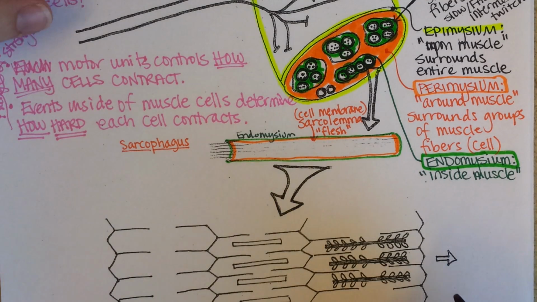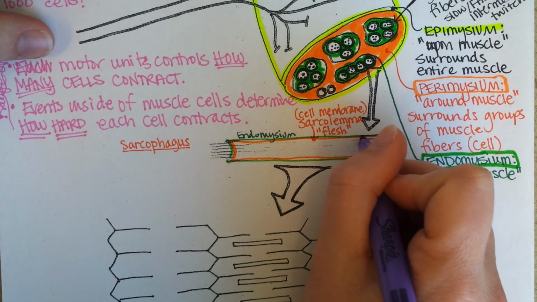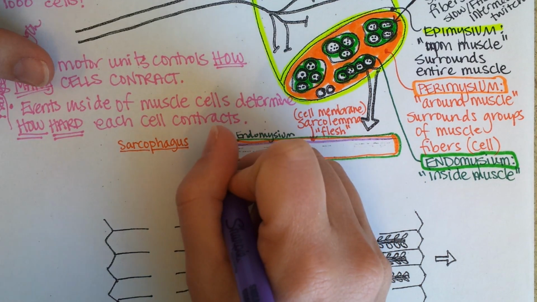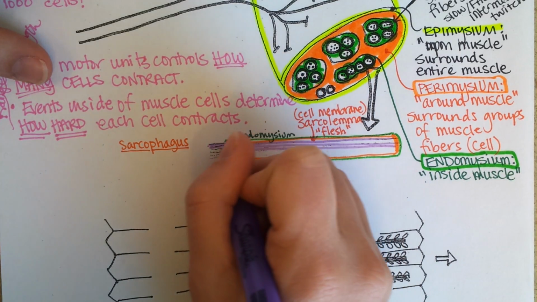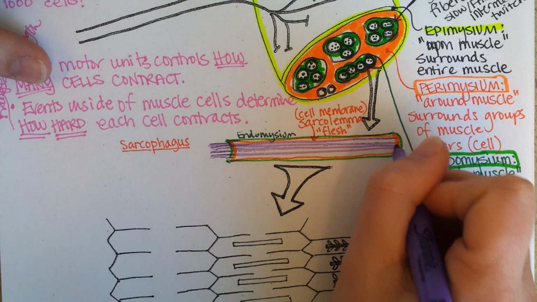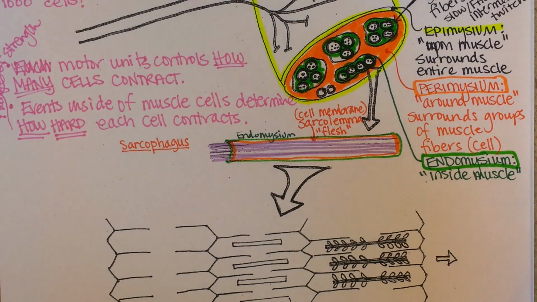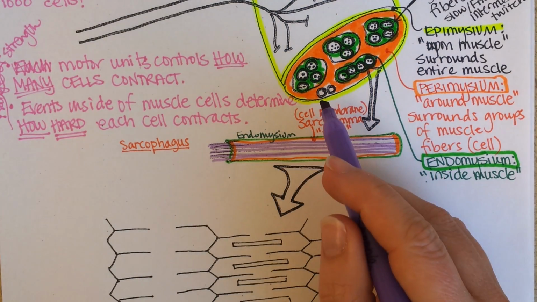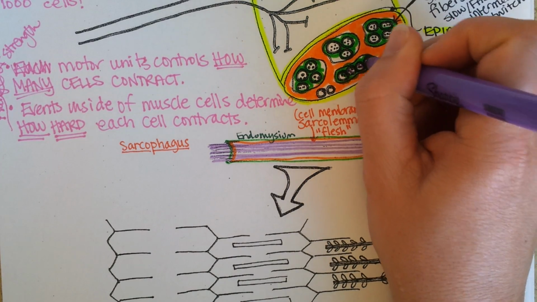Now, inside of each of the muscle cells are long organelles called myofibrils. I'm using a purple pen. Put in those myofibrils, and those are what I've represented with dots inside of the muscle cells.